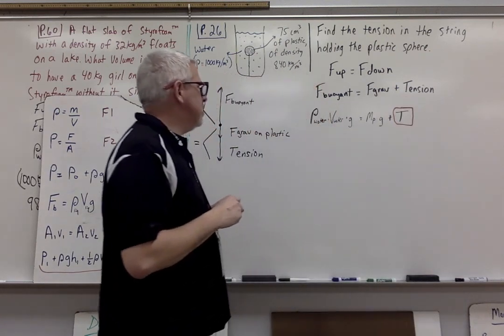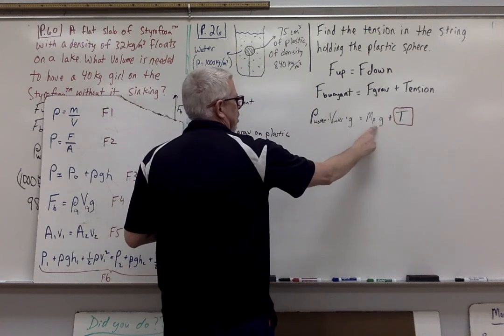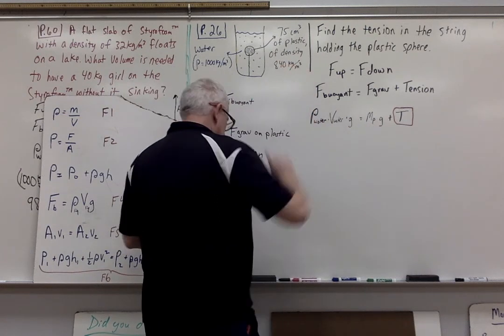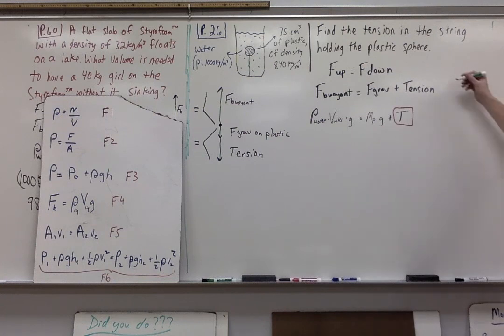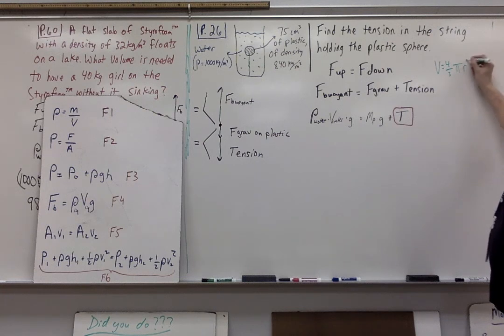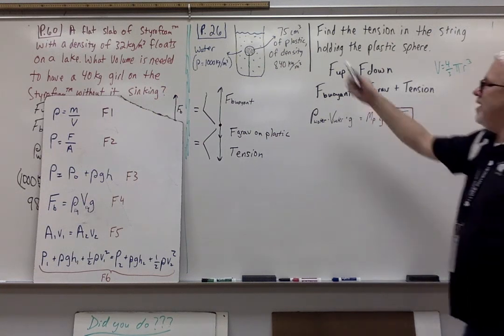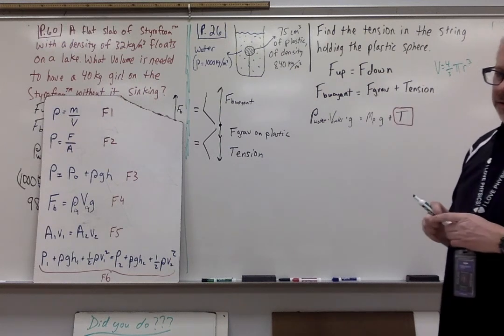So now off to the side, I've got to figure out the volume of this. When I look at it, volume is 4/3 pi r cubed. That's 75 cubic centimeters. I've got to convert that into cubic meters.